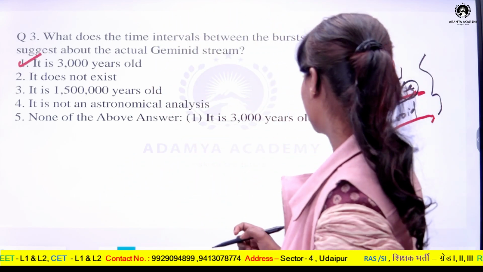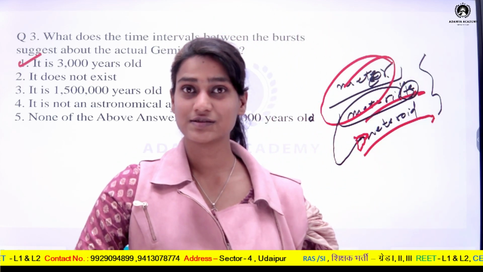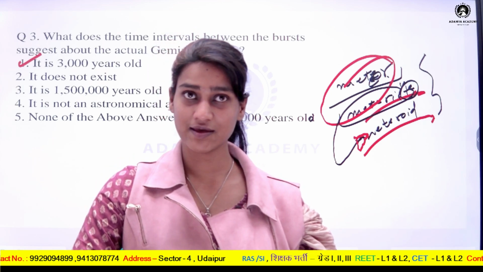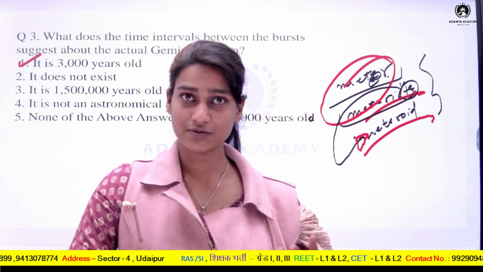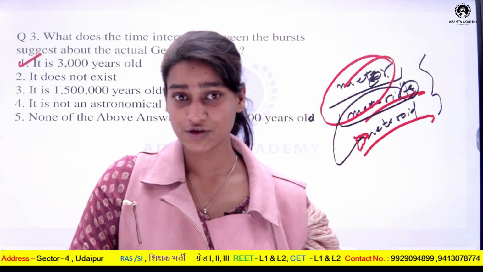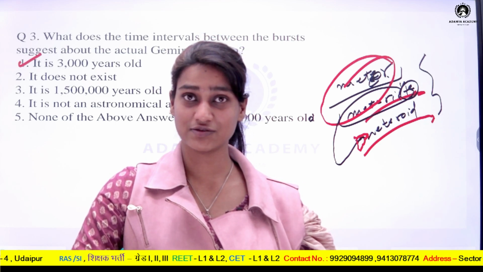So this is all for today's class, and we have discussed the different words which have come in the passage. We have also discussed the central theme, the type of questions which have come, how we have to look for the answer in the passage, and the smart way of looking for the answer.